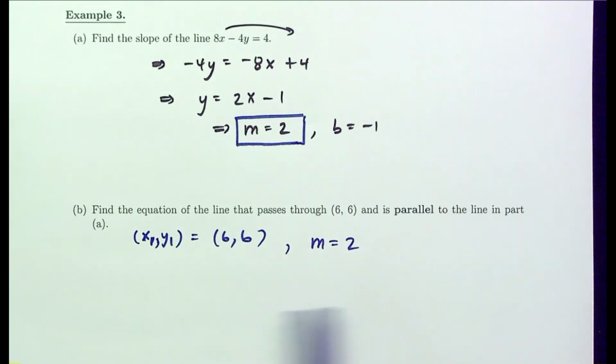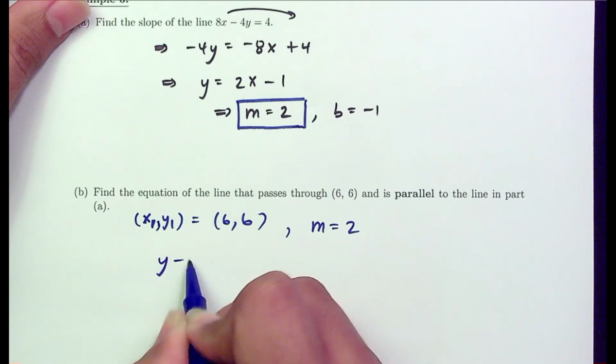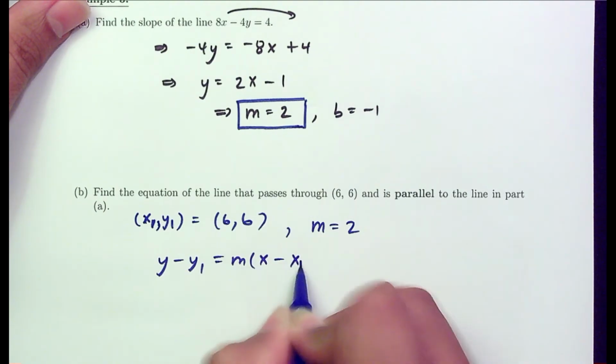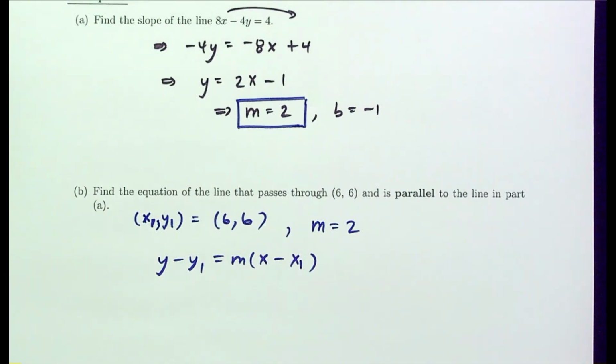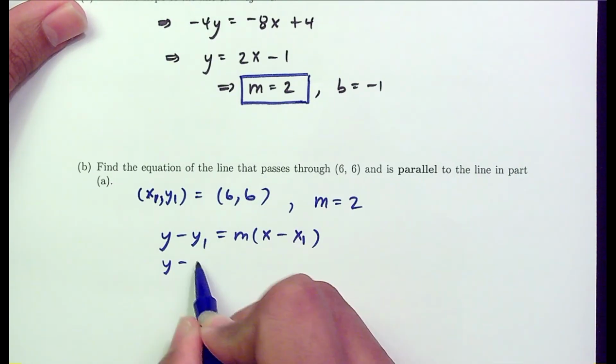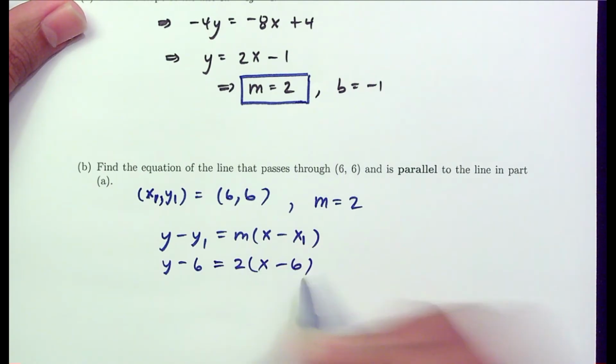Now that we have m and x1, y1, we can use the formula to write down the equation. What formula? This formula: y minus y1 equals m times (x minus x1). Remember, you have to memorize that. So we get y minus 6 equals m, which is 2, times (x minus 6).